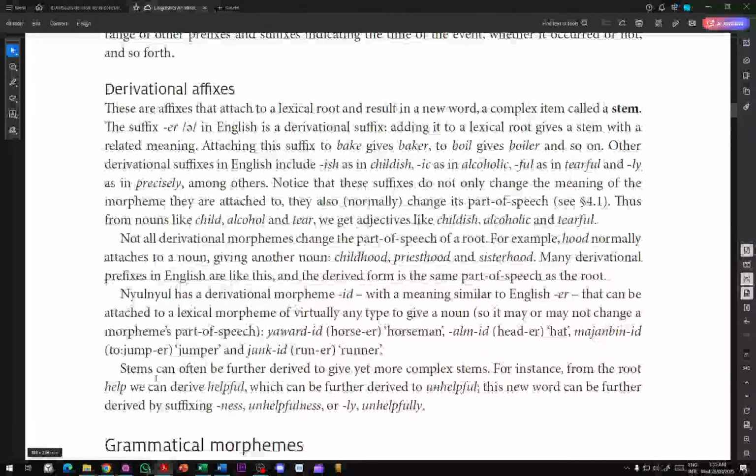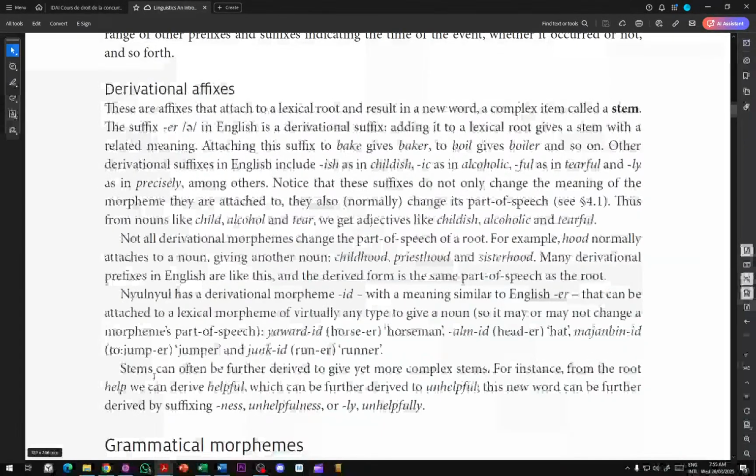Then we have derivational affixes. These are affixes that attach to a lexical root and result in a new word, a complex item called a stem.